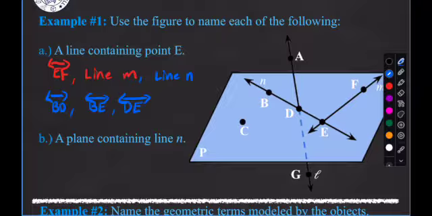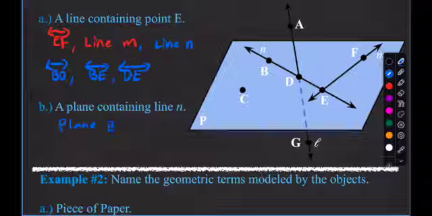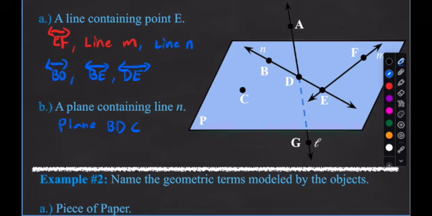So if we wanted to say a plane, we can have plane B, D, C. That's a plane that is also including this line, right? As long as we have the points that are on the line, 2 of them, then we include it. We could also say plane A, BD.